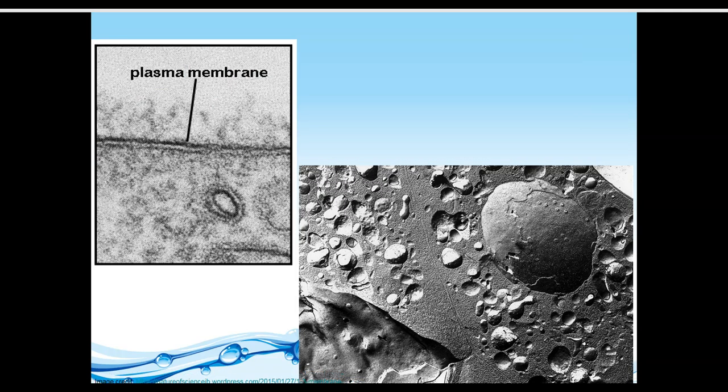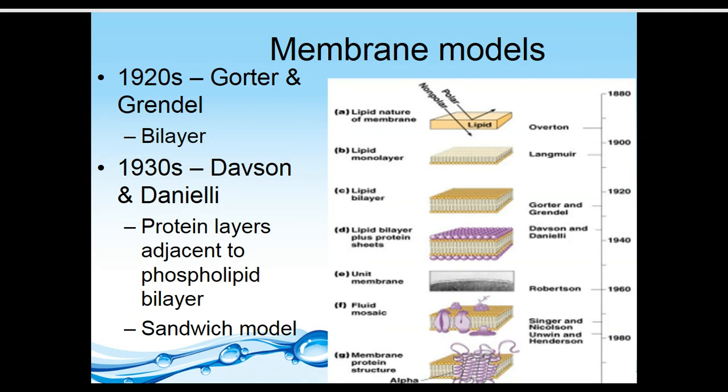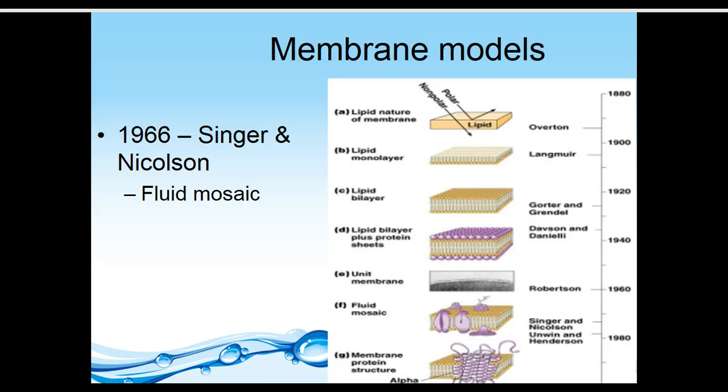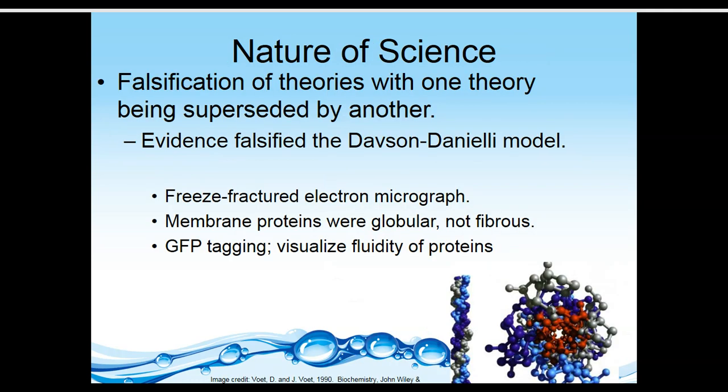So again, we went from the Davson and Danielli model, the sandwich model, to a more accurate, given our understanding right now, Singer and Nicolson fluid mosaic model. Which brings us to this idea of the nature of science. It doesn't stop.